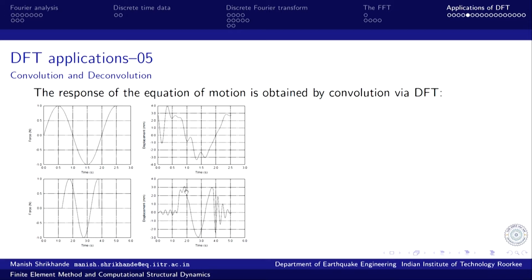This part of the response seems to be fine, it starts from this point, but in this portion these oscillations are spurious because there is no excitation. The system is supposed to be at rest here, and after the withdrawal of the excitation it is the familiar free vibration curve.